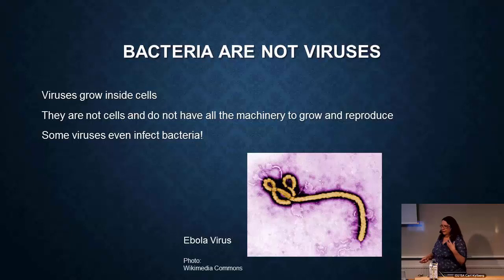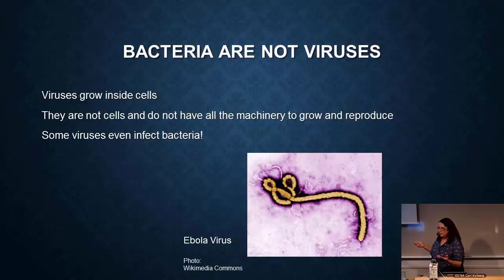I want to very carefully emphasize this. Bacteria are not viruses. All right? Viruses are organisms that grow inside cells. Some people argue that they shouldn't even be called organisms. But viruses cannot grow by themselves.